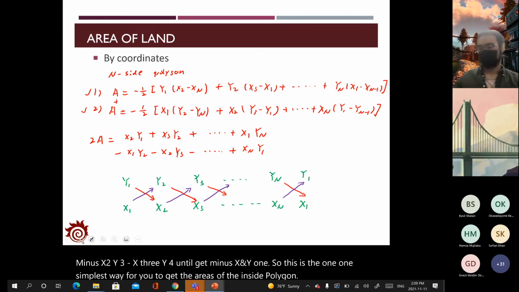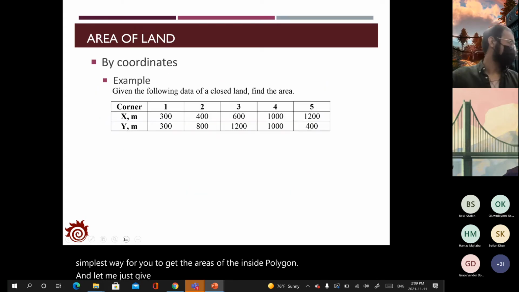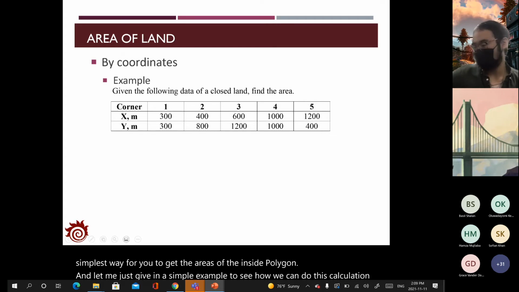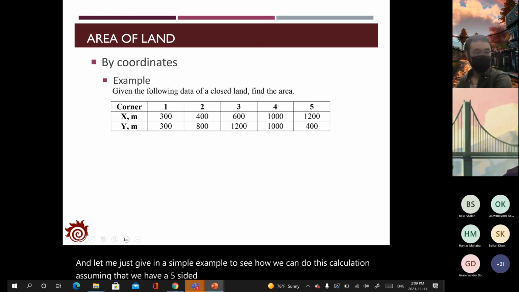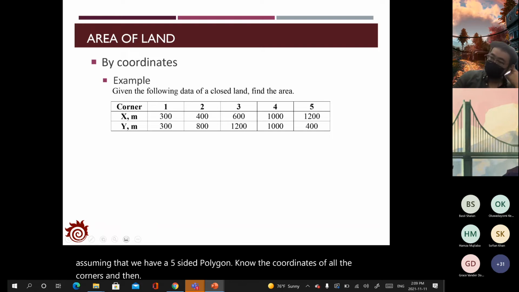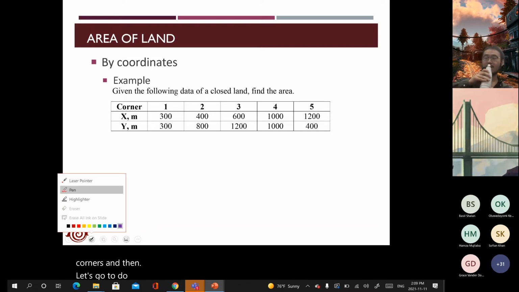Now let me give you a simple example to see how we can do this calculation. Assuming that we have a 5-side polygon, we know the coordinates of all the corners, so let's check the calculation.